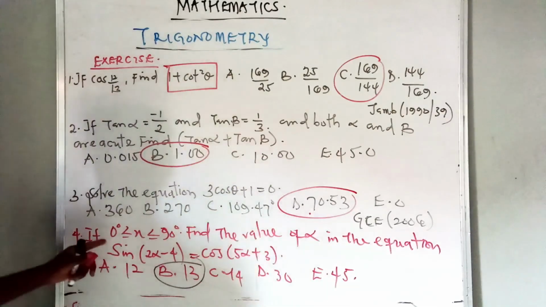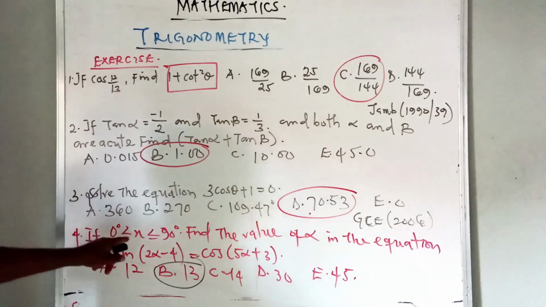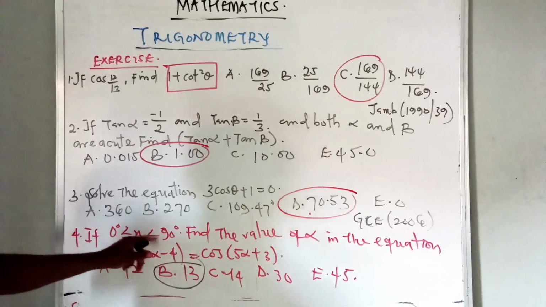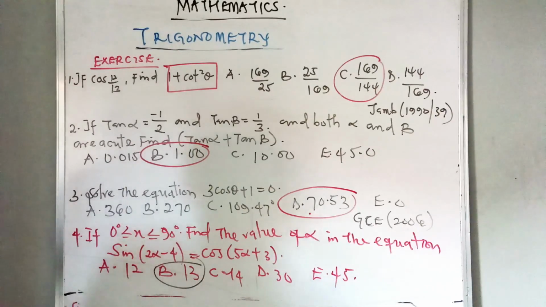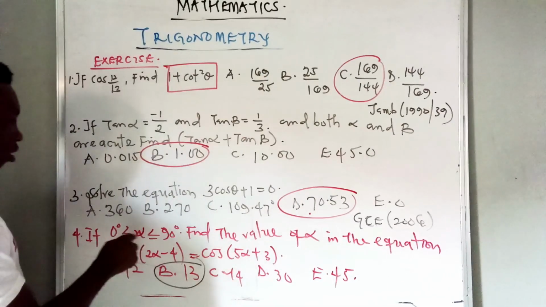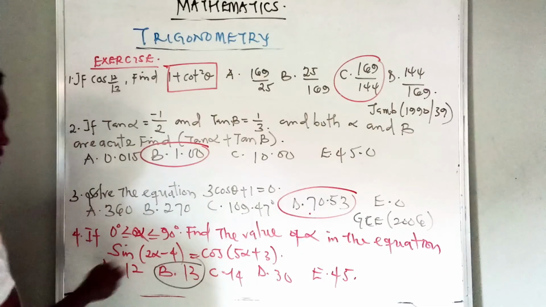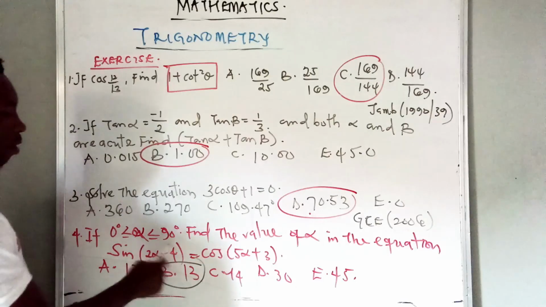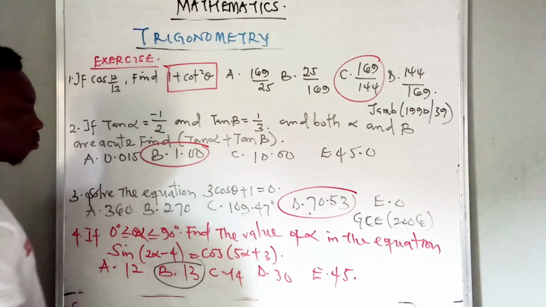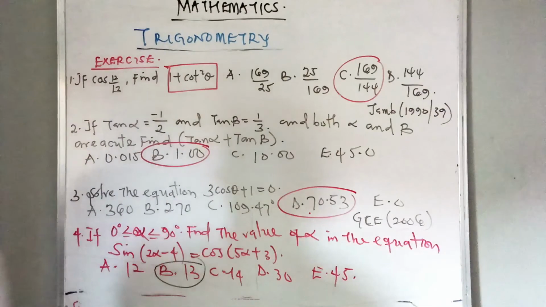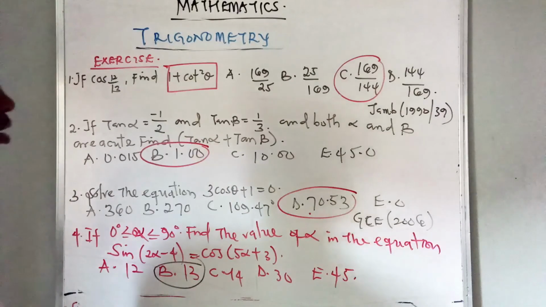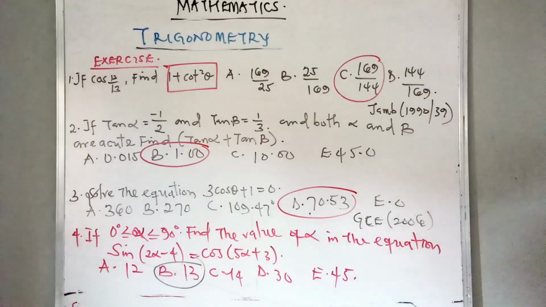Now this is the solution. And lastly, the last question, 0 is less than or equal to x, which is less than or equal to 90 degrees. Find the value of alpha in the equation sine of 2 alpha minus 4 is equal to cos of 5 alpha plus 3, and its answer is 13. So use the relation as we have explained to evaluate the question.